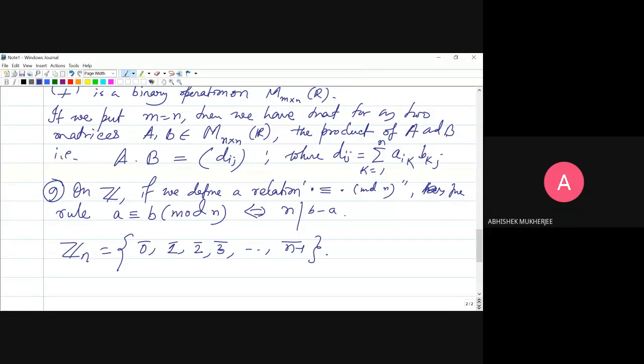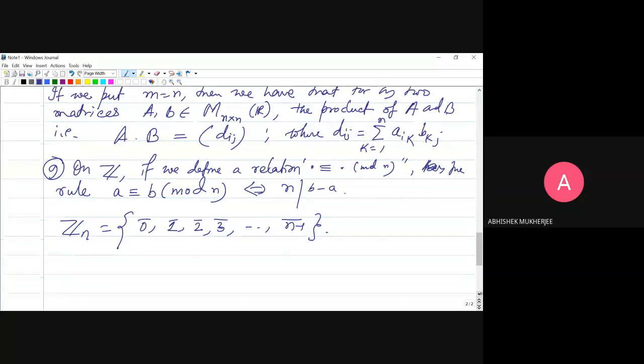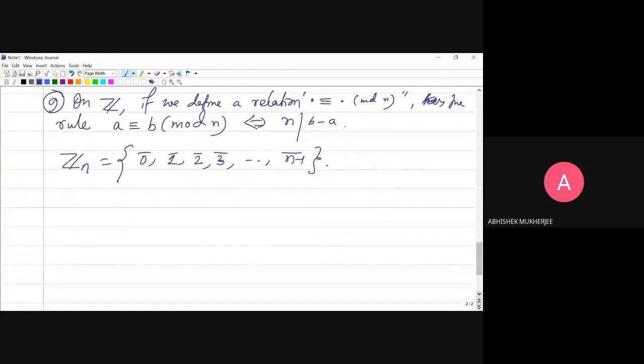And how will these classes be obtained? With the help of this relation, you can define the class of A as the set of all those integers x such that A is congruent to x mod n.